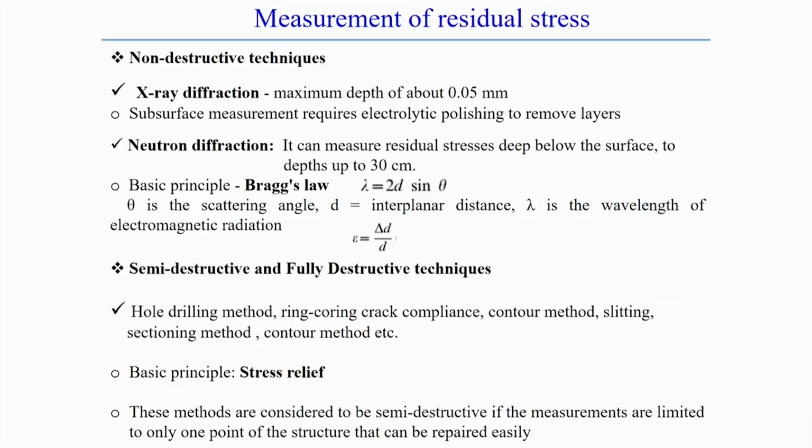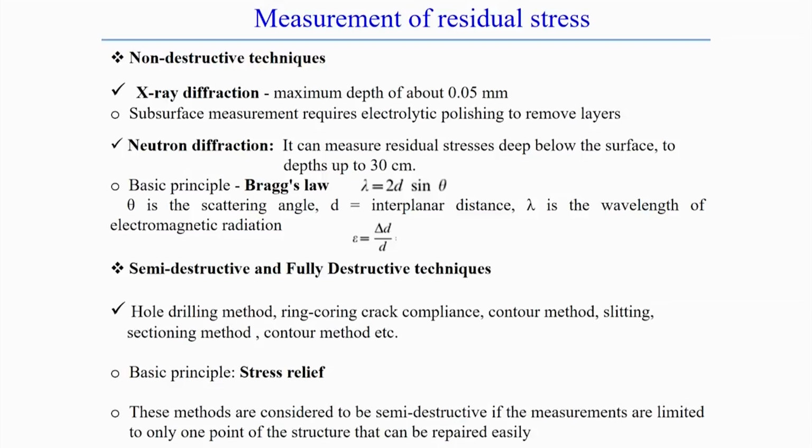Other semi-destructive and fully destructive techniques can also be used: the hole drilling method, ring coring, crack compliance, contour method, slitting method, and sectioning method. These are the other typical types of semi-destructive residual stress measuring methods, but all follow the principle of strain or stress relief.